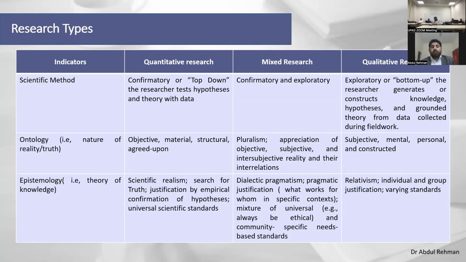Nature of reality of truth. Quantitative research deals with the material structures. On the other side, qualitative research deals with the mental, personal, and subjective. Quantitative research deals with the search for truth, justification of empirical confirmation. As I said earlier, there are different hypotheses, there are different theories.